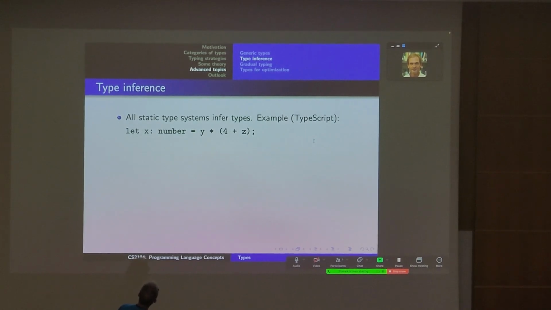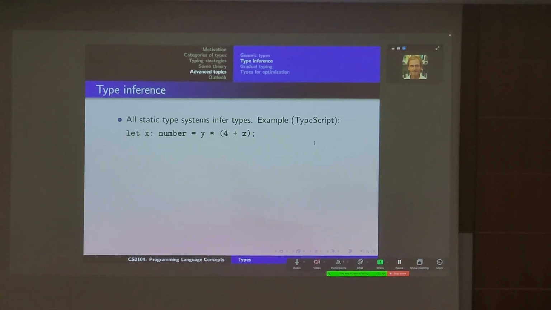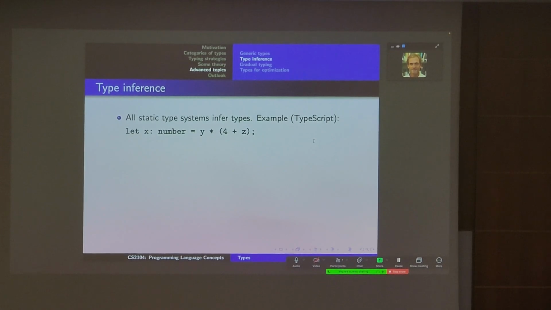So from this, we can derive a requirement. In TypeScript, you can apply plus to 2 strings and you get a string. You can apply plus to 2 numbers and you get a number.